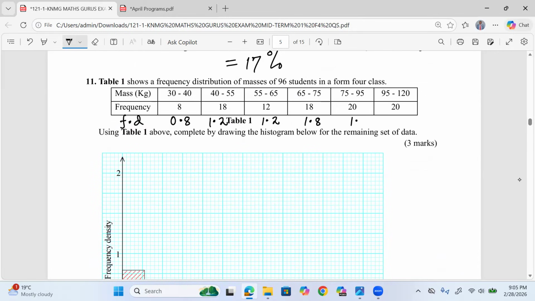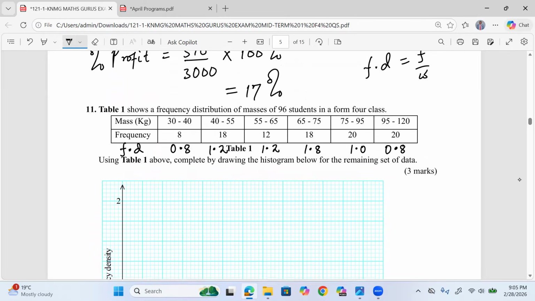That is exactly 20. So 20 over 20, we get 1.0. In the next case, from 95 all the way to 120, that is 25. So 20 over 25, we get 0.8. So we have now the respective frequency densities.